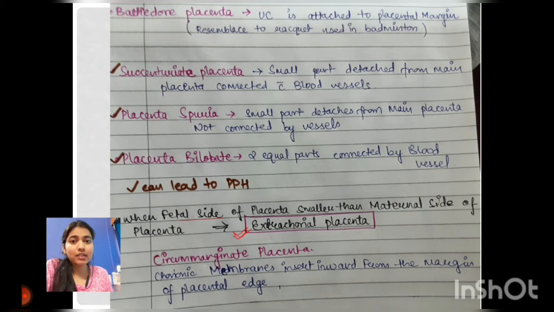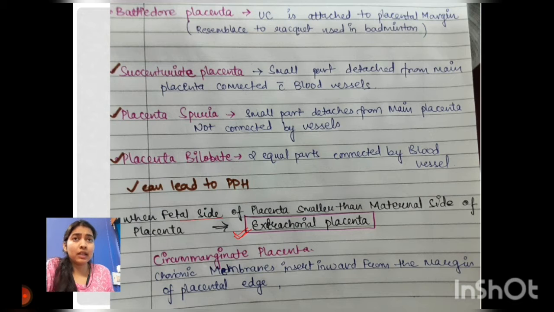There is a big disadvantage of this anomaly: the nutrient supply gets hampered, and the fetal growth remains paused, or you can say stopped. The fetal growth is not there.